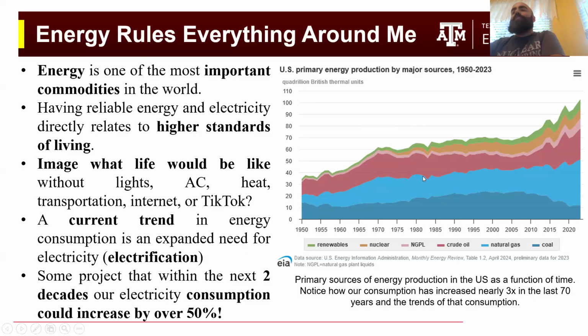Sometimes that electricity does come from combustion, but in terms of our energy consumption, we're moving away from heated stoves burning gas to electric stoves. In terms of our cars, we're moving away from gasoline cars to electric cars. So electrification is driving the changes in where our energy is coming from.